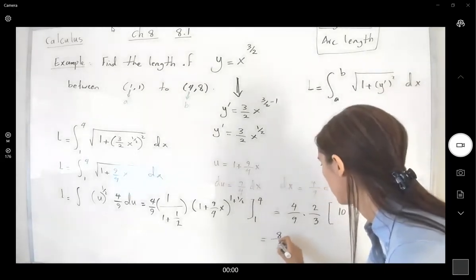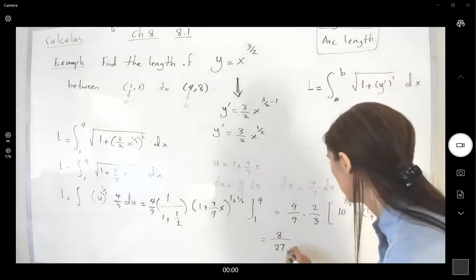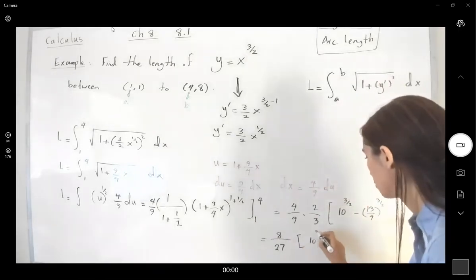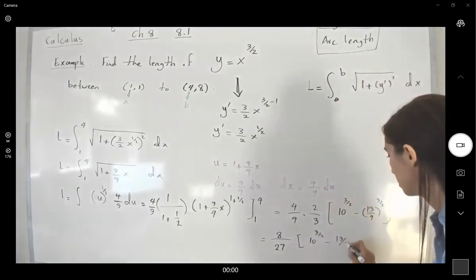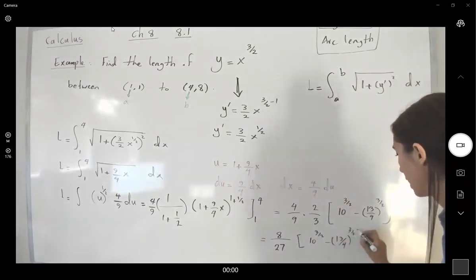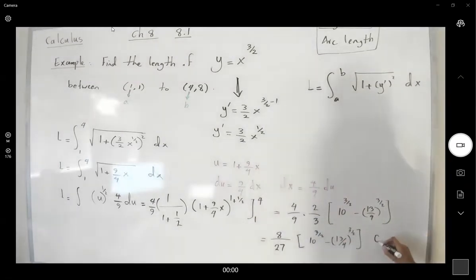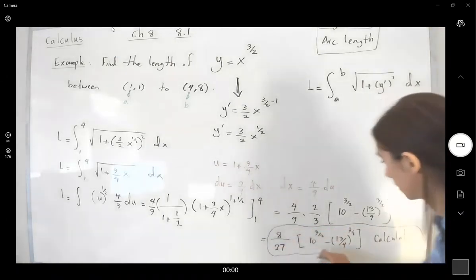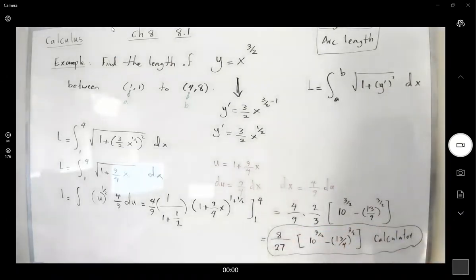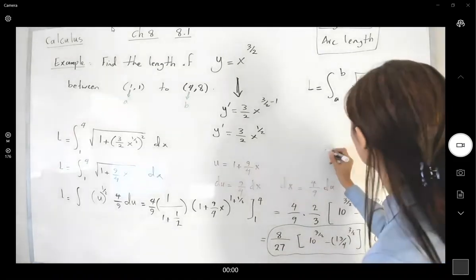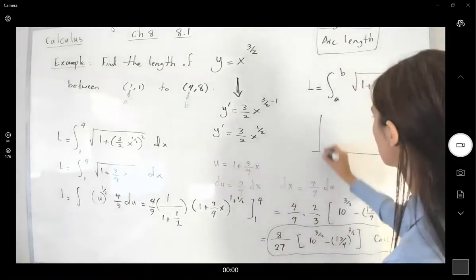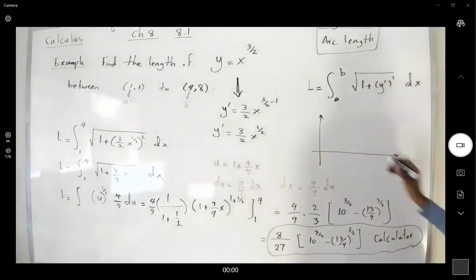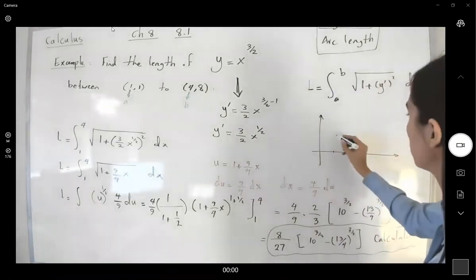You have 8 over 27, 10 to the 3/2 minus 13 over 4 raised to the 3/2. You need to use a calculator. This is the length of this. This guy in the xy plane, 1, 2, 4. So you have 1 and 1.